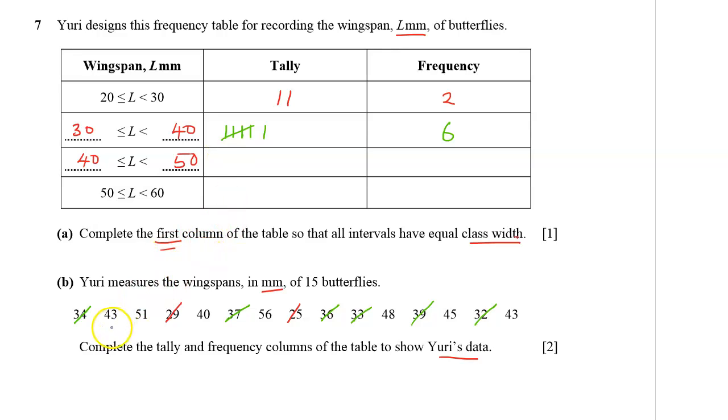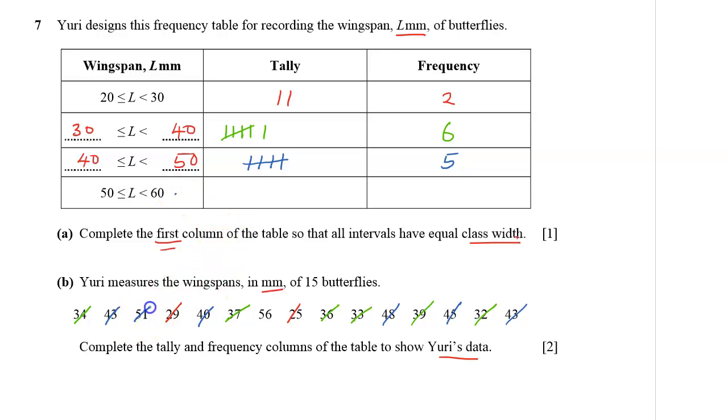40 to 50. This is within that range. 43, 1, 2. 1, 2, 3, 4, 5. So the tally here is 5, and the frequency is 5. 50 to 60.